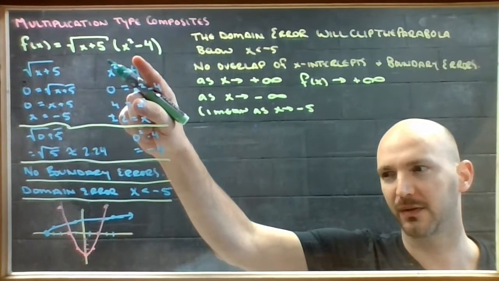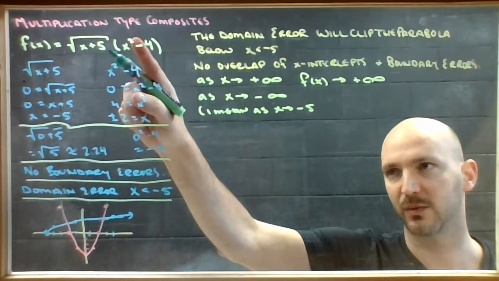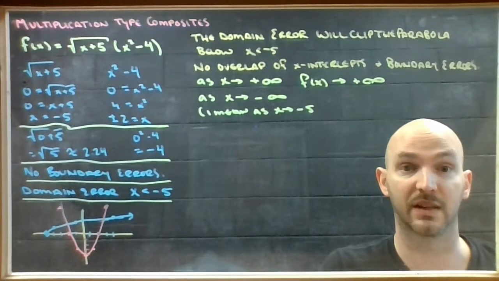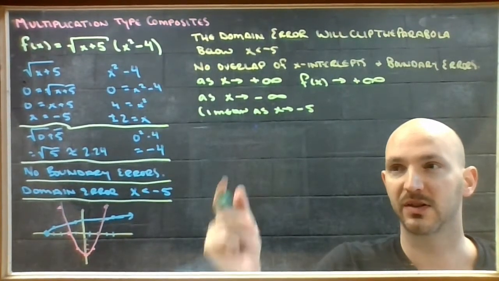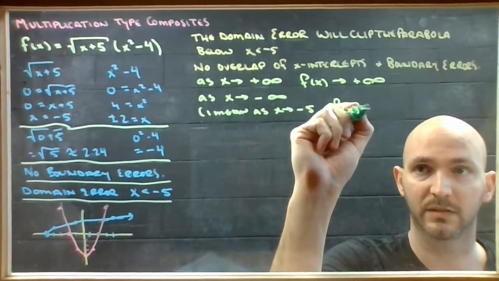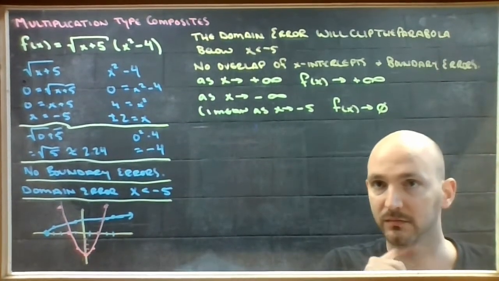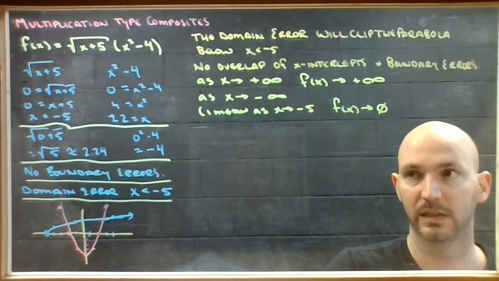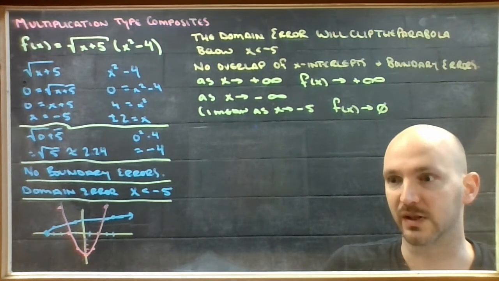This is worth -5 squared, 25 minus 4 is 21. What's 0 times 21? Well, it's 0. So as x goes to -5, the function goes to nothing. Okay. Good. So I've got all the major features listed on there.